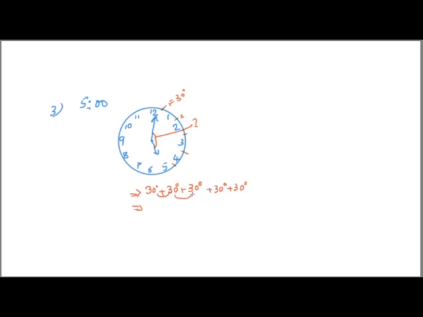Totally add this: 30 plus 30 is 60, 60 plus 30 is 90, 90 plus 30 is 120, 120 plus 30 is 150 degrees. Is 150 degrees less than 90 or greater than 90? Yes, it is greater than 90 degrees. Greater than 90 degrees means the angle name is an obtuse angle. What is this one? Obtuse angle. And one more example.